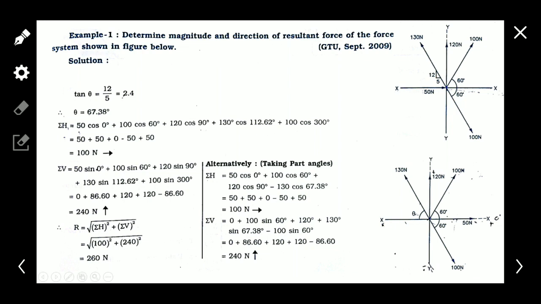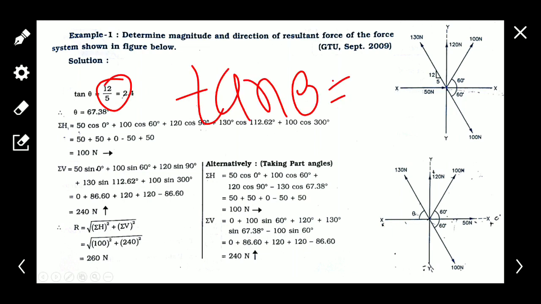We do not have the angle with the x-axis for the 130 Newton force, but the slope value is given, so we can easily find tan theta: vertical 12 upon horizontal 5.